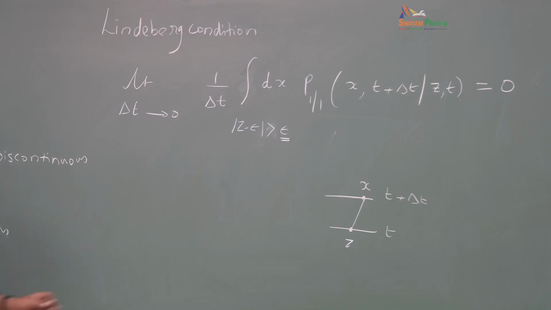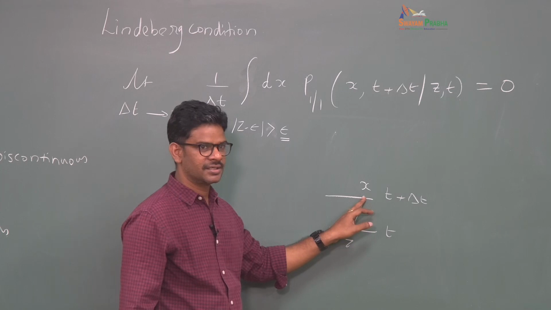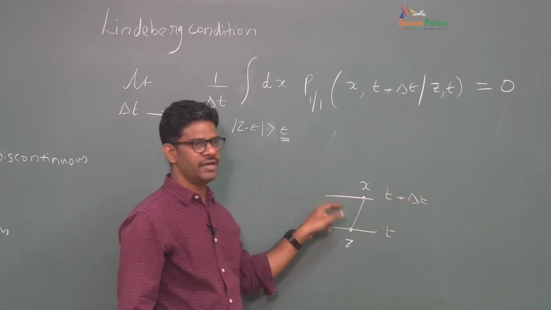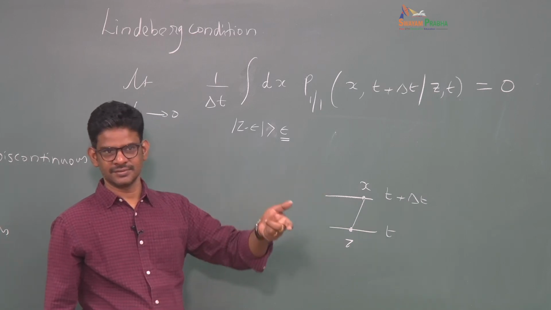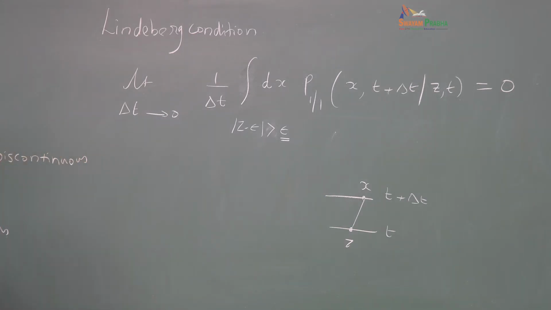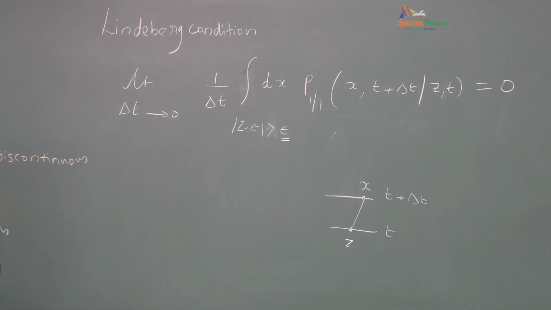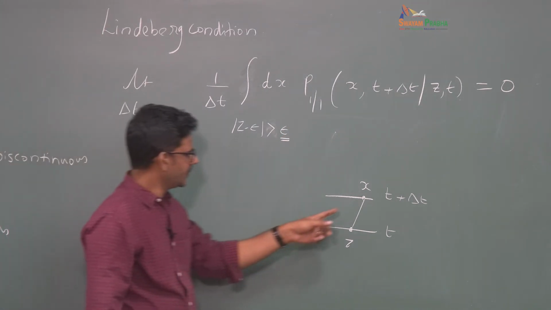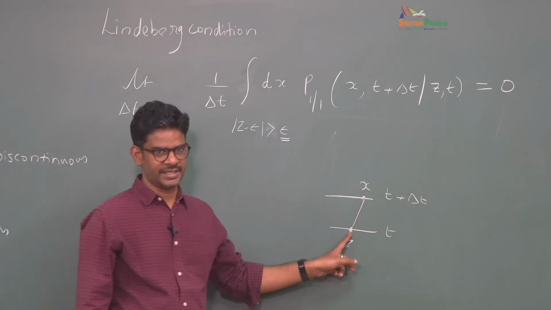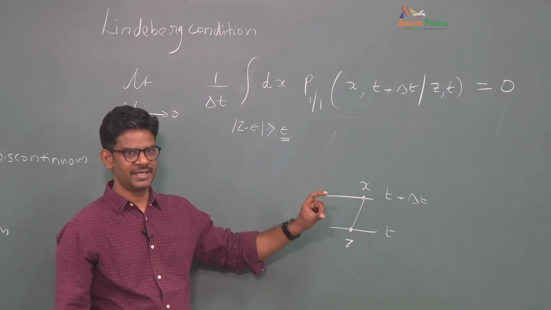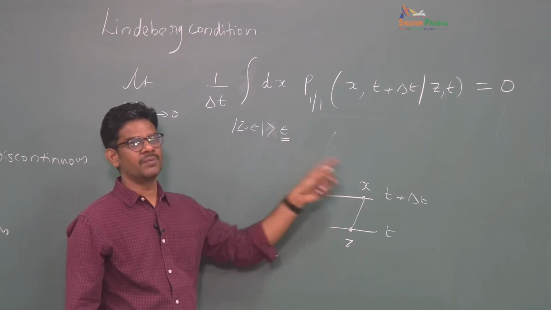If this condition is not satisfied, it means the x here in a small time interval can go anywhere outside this domain, so that the jump is larger. Okay, so that's what this condition means. Let me repeat one more time. What we are saying is that the probability that the state x will be away from z over a small time period delta t by an extent more than epsilon, that probability is 0.